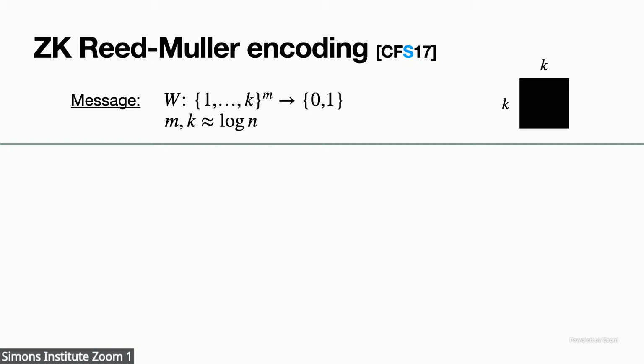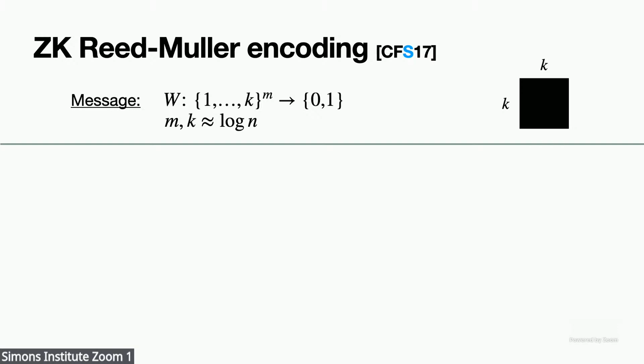It comes from a work with Ale and Michael Forbes from 2017, where we needed this for some IOP thing, but it turns out it is actually a zero-knowledge LTC, which is nice. We'll think about the message as being a function from the hypercube with side length k and m variables, m dimensions, into 0, 1.